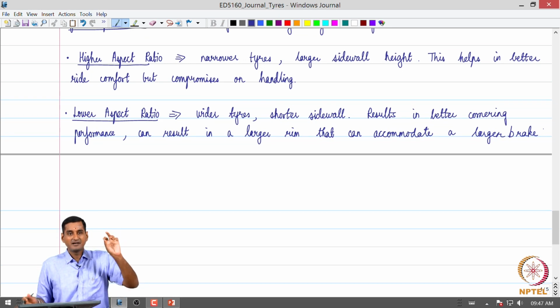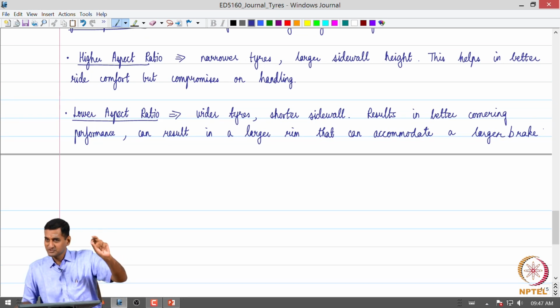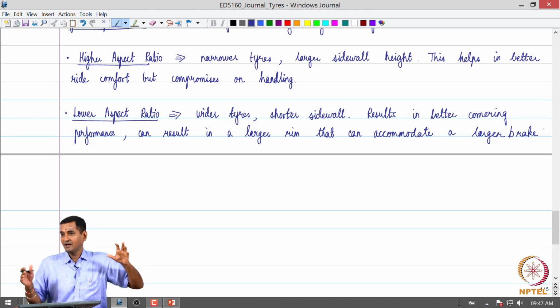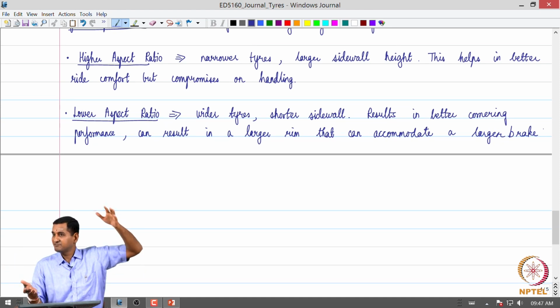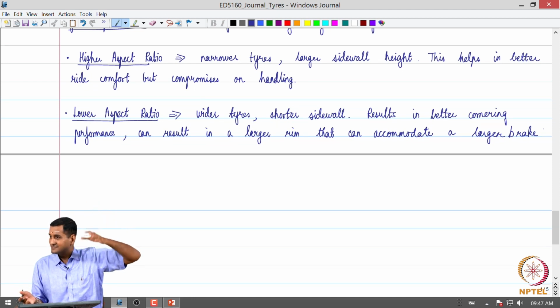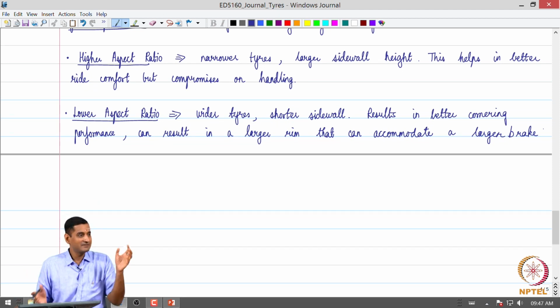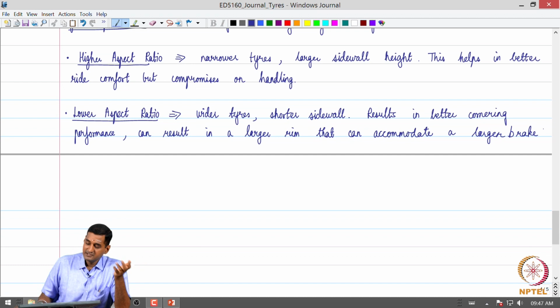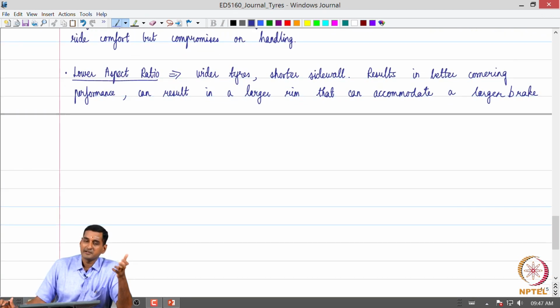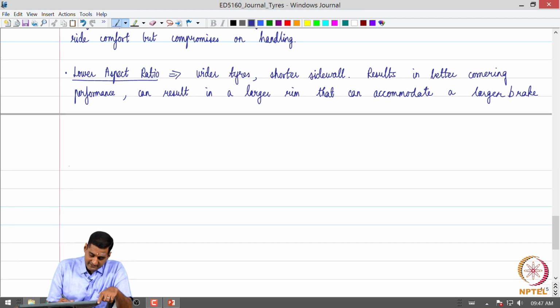If the sidewall height is small and we essentially have a fixed outer radius, then the rim radius will be higher. So, we will have more space to accommodate a larger brake, and that leads to higher braking capacity.